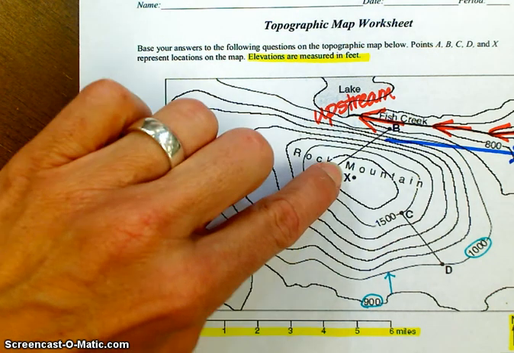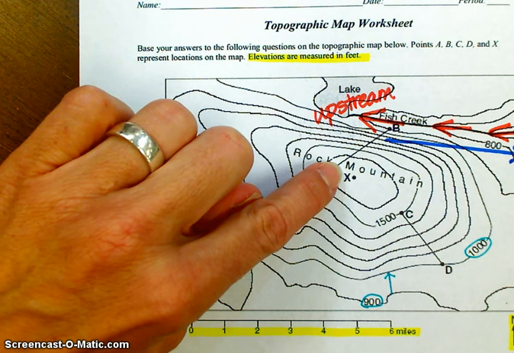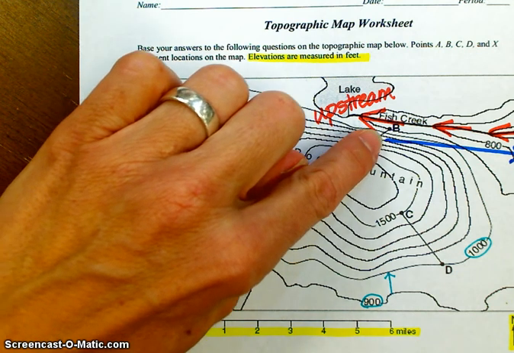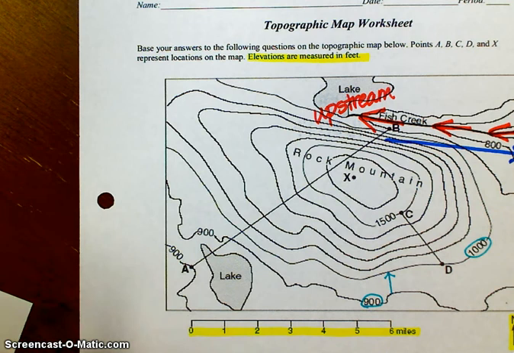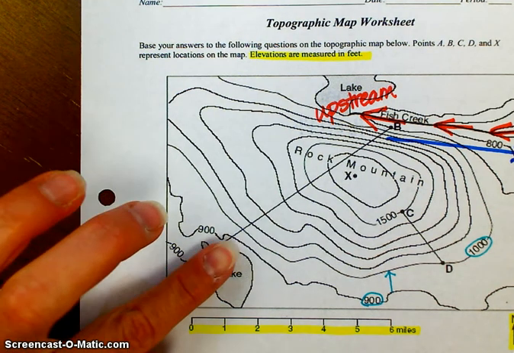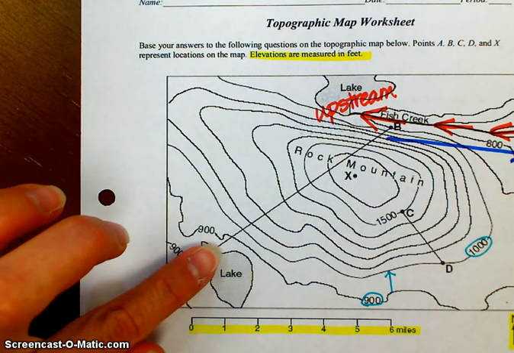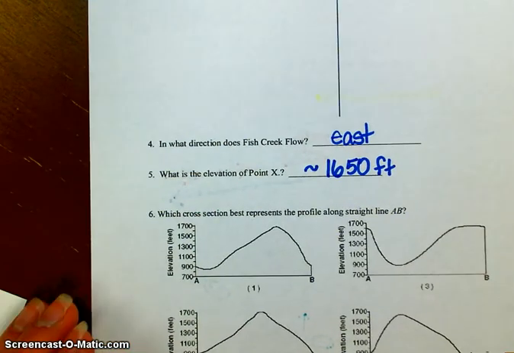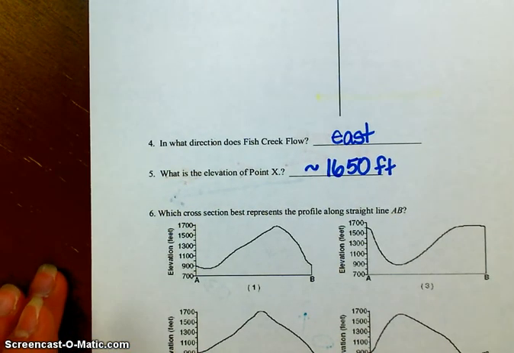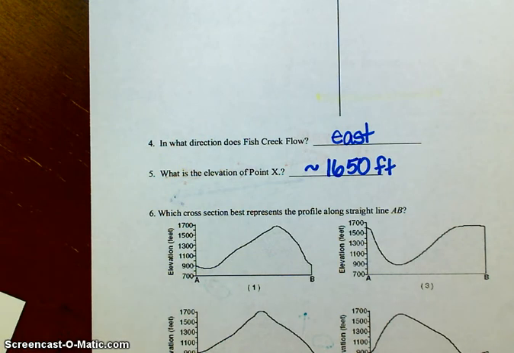This is about the high point of my walk. And then the lines get closer together. And I know that lines that are close together are steep. So I need a little dip at the front, gradual uphill, and steep downhill to finish. So which one's got a little dip at the front, gradual uphill, and then a steep finish downhill? And that's going to be number 1.